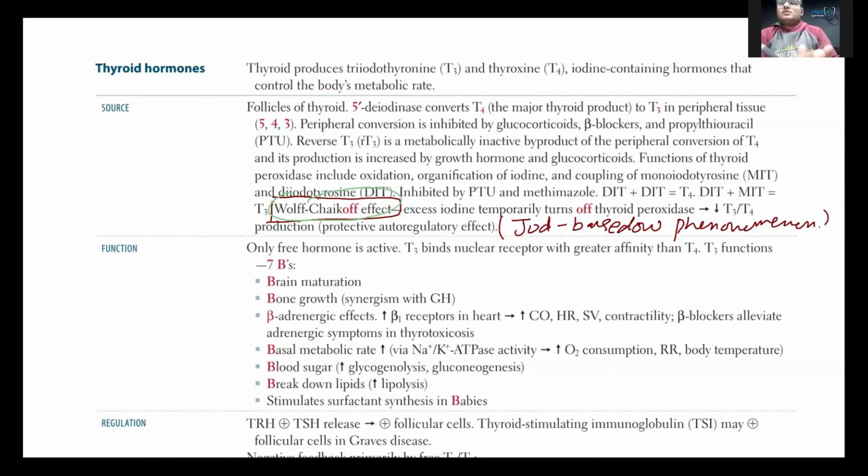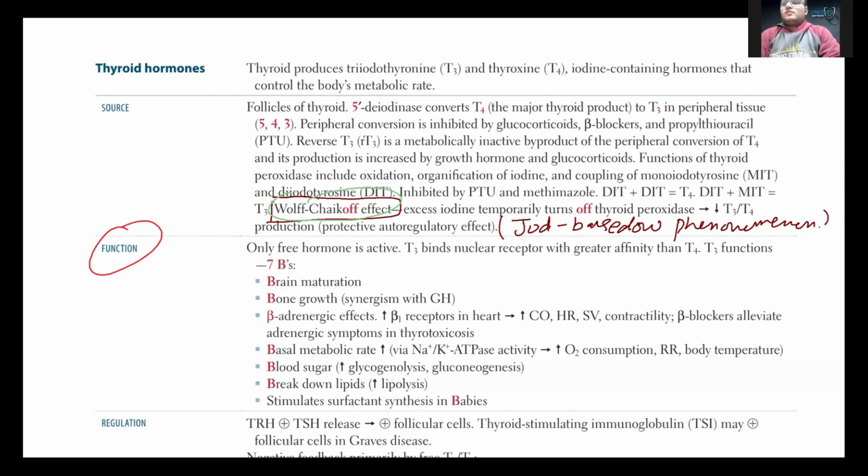There must already be a reason. So the increased production of T3, T4 after giving iodine, which is the opposite of the Wolff-Chaikoff effect, is the Jod-Basedow phenomenon. More detail we will discuss later.